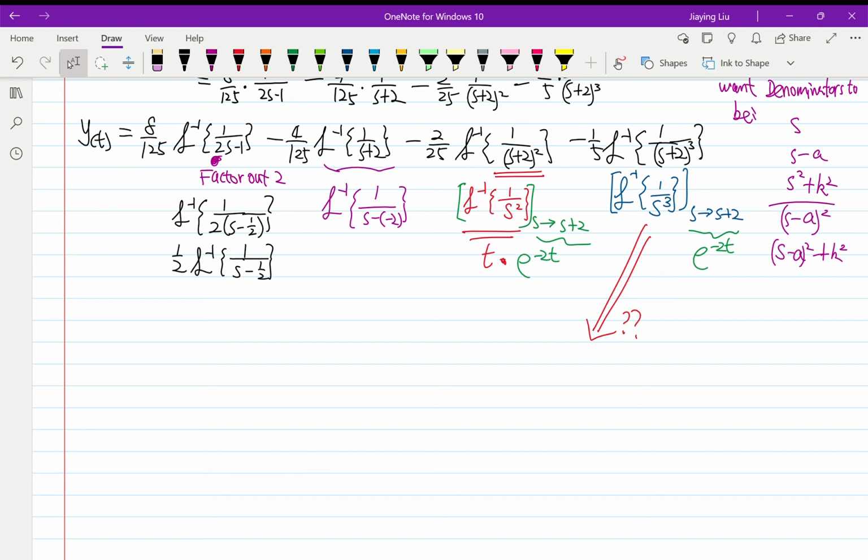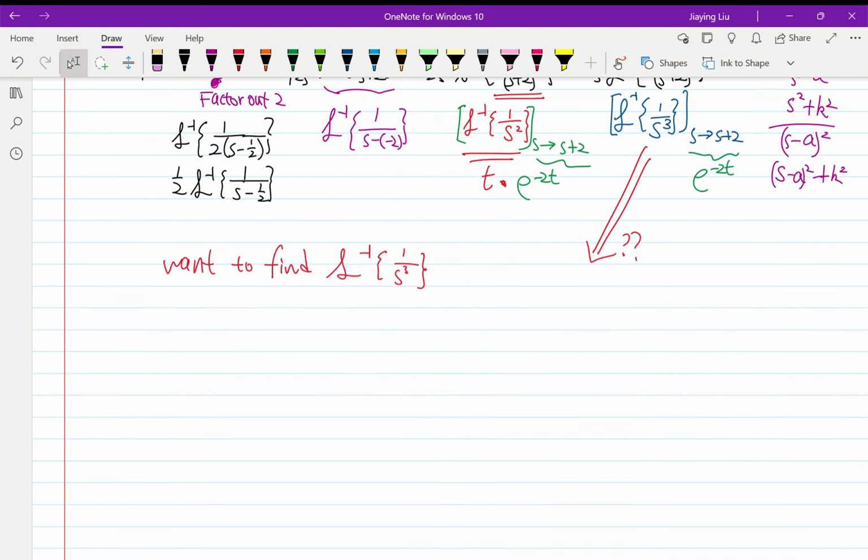All right, so from here, what we're going to do is I'm just going to write in the next line, we want to find the inverse Laplace of 1 over s cubed. It's not listed in the table, but from the table, we have this relationship.